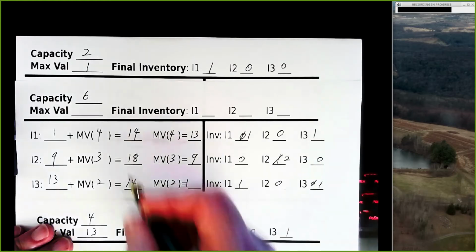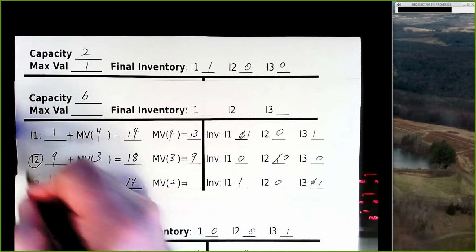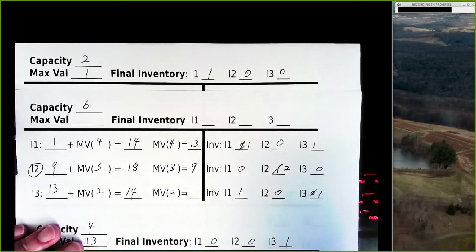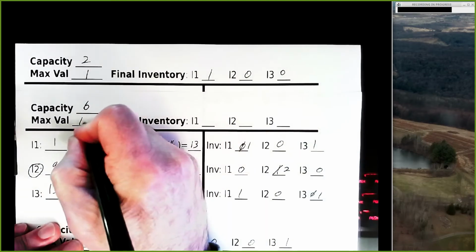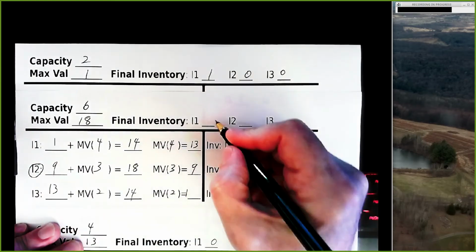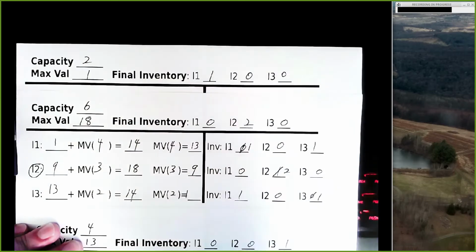Well, our 3 possibilities, 14, 18, 14, this looks like our best solution. So max val of 6 will be equal to 18. And the way we get that is 0, 2, 0.